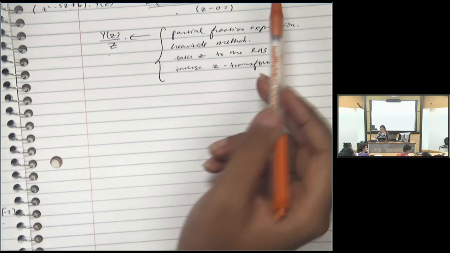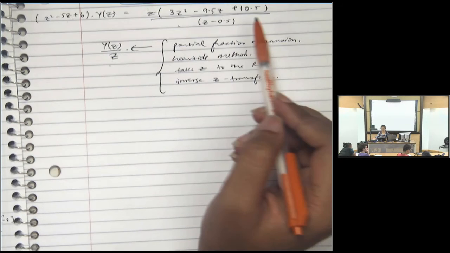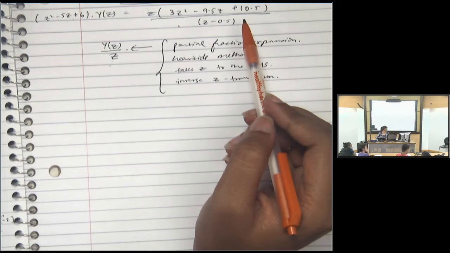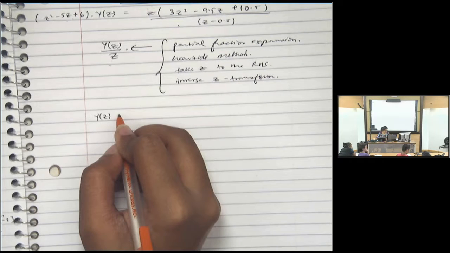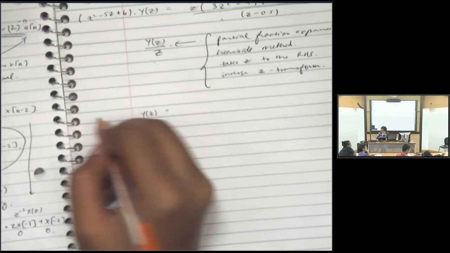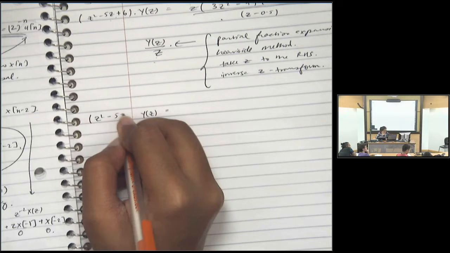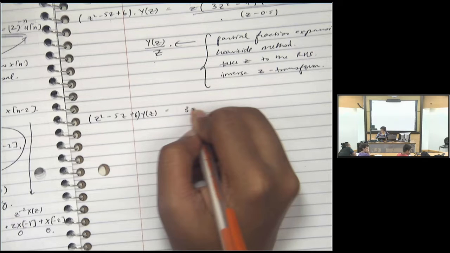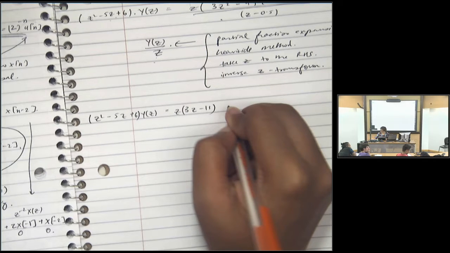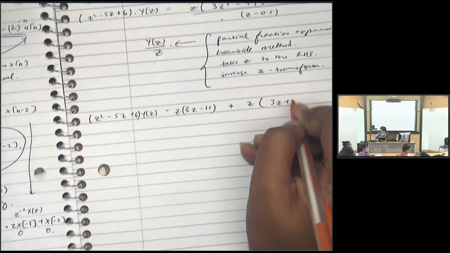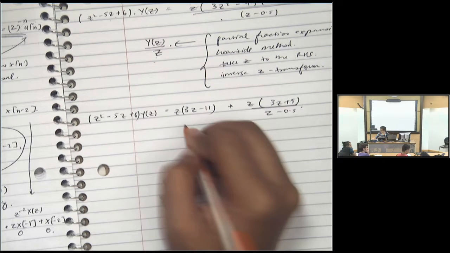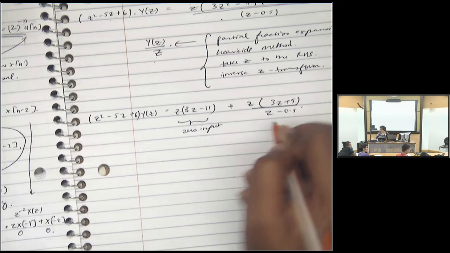Again, you'll use the same technique. If you're asked to give 0 input and 0 state separate, you'll just keep those two terms separate in your computation. Okay? So in that case, your y of z will look like, one second, let me write it here, z square minus 5z plus 6, 3z minus 11 plus z, 3z plus 5 over z minus 0.5. 0 input, 0 state.